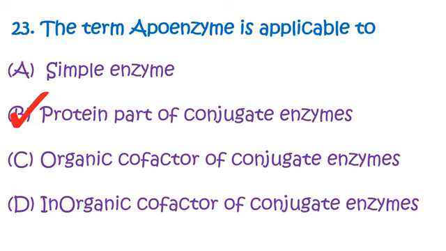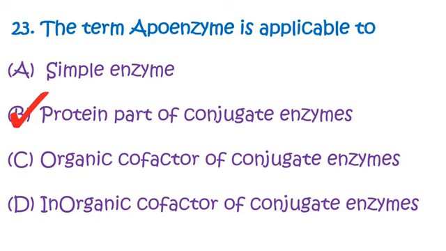for its activity. The cofactor can be any metal like the magnesium or the iron, or it can be any organic molecule. The organic molecule is also called as coenzyme, such as the NAD+, NADP+, or FAD. Now the cofactor which is tightly bound to the apoenzyme is called as the prosthetic group.